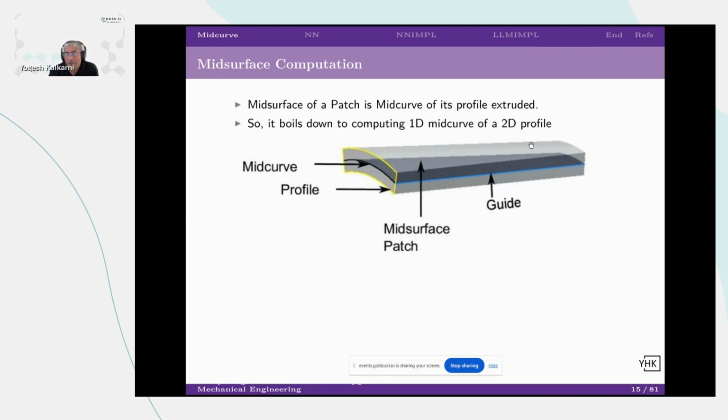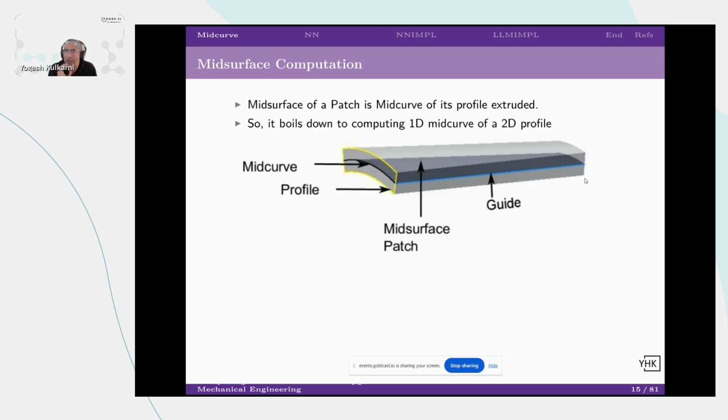The mid surface of the whole shape, this dark gray thing, is nothing but you take this sketch profile which got extruded to make this shape, take the mid curve of the yellow profile, okay, and then extrude it, isn't it? That's how the problem has now reduced from a 3D shape mid surface to a 2D shape mid curve.